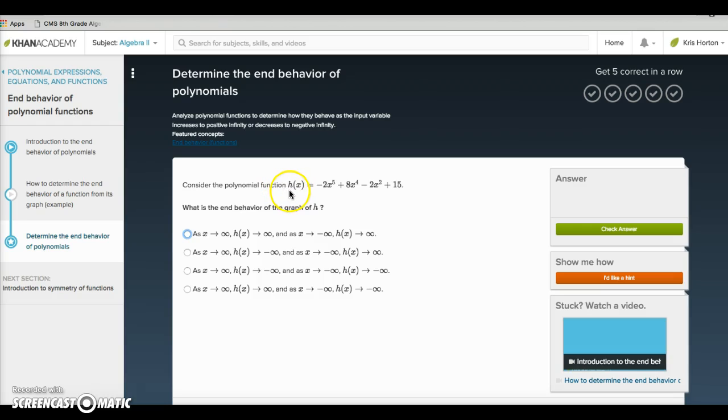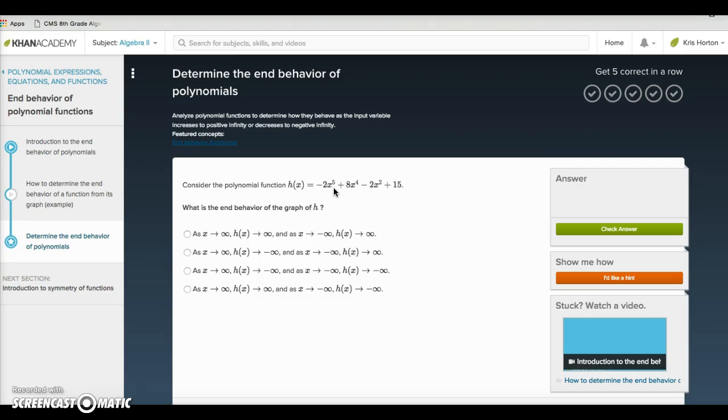We're given the polynomial function h of x is equal to negative 2x to the fifth plus 8x to the fourth minus 2x squared plus 15. To determine the end behavior of our polynomial, we need to examine the degree of the polynomial. This is already in standard form, so we know our first term should indicate the degree of the polynomial. So this is a fifth degree polynomial, which means it's an odd polynomial.